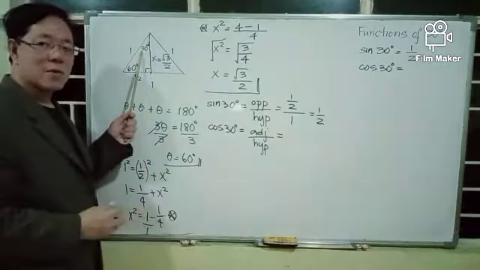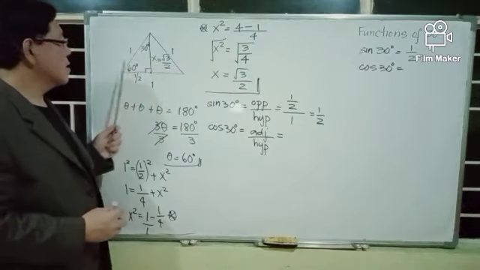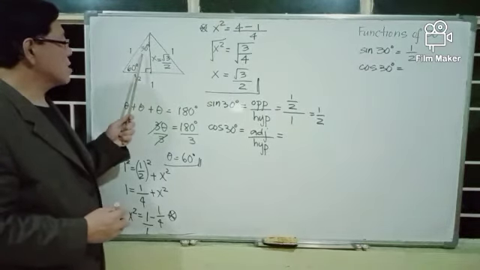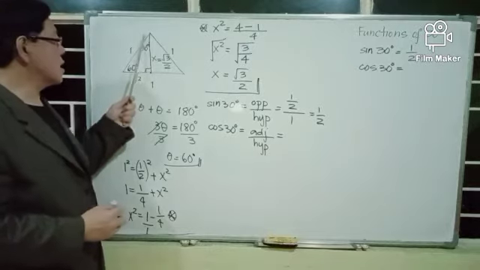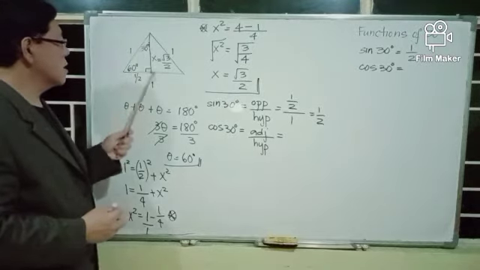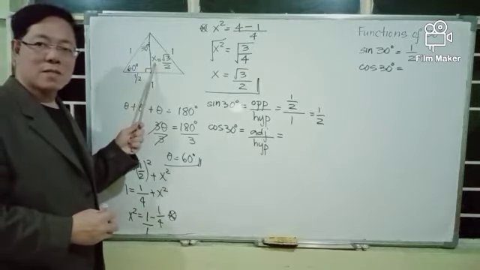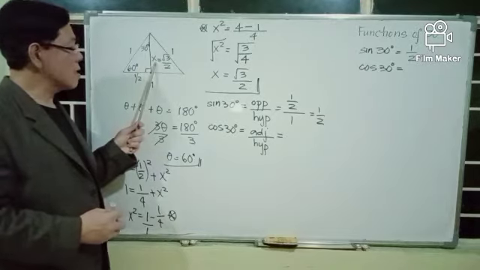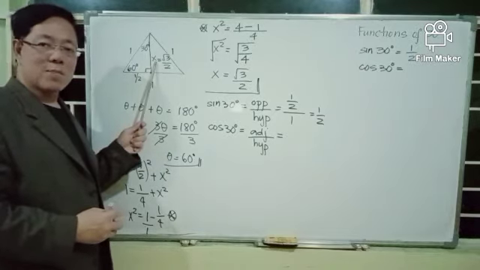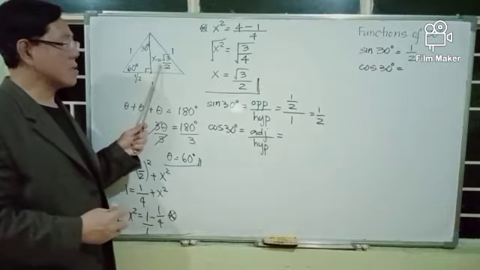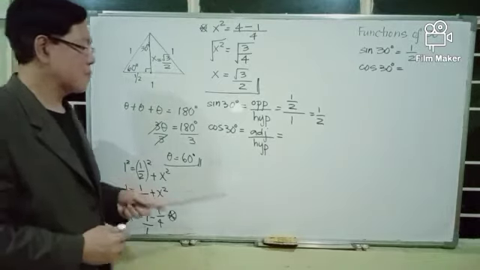The side of this right triangle that makes the angle 30 degrees with the hypotenuse is this side, whose length is denoted by x and has a value of square root of 3 over 2.